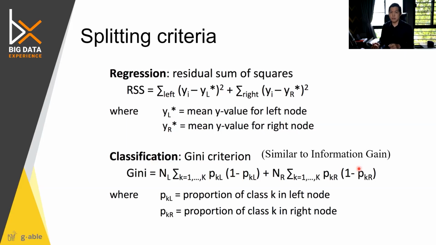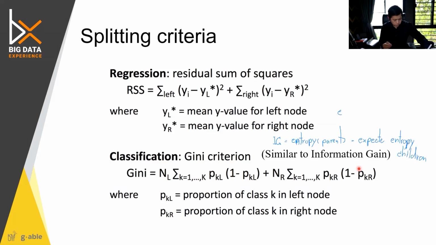The information gain formula is IG equals entropy of parent minus expected entropy of children.